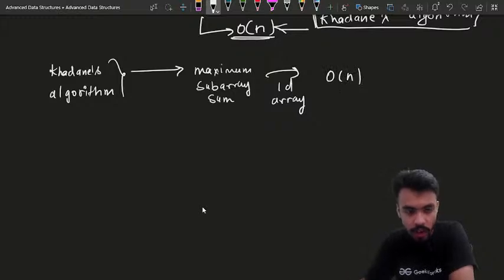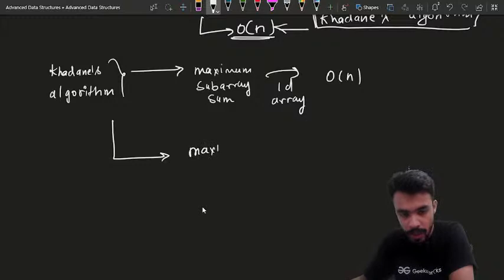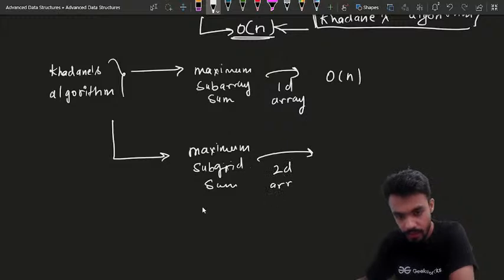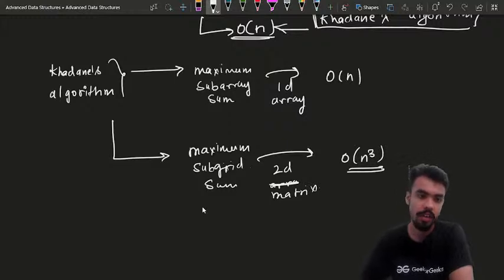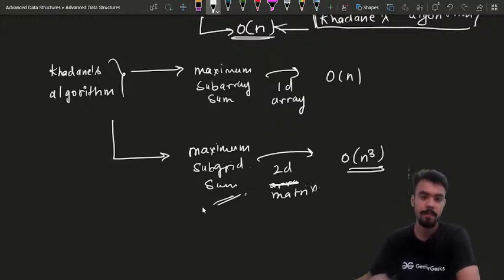Now we are going to use it to calculate the maximum subgrid, or submatrix, sum of a 2D array, or 2D matrix, in order of n cube time. That is the best time complexity we could achieve for this.